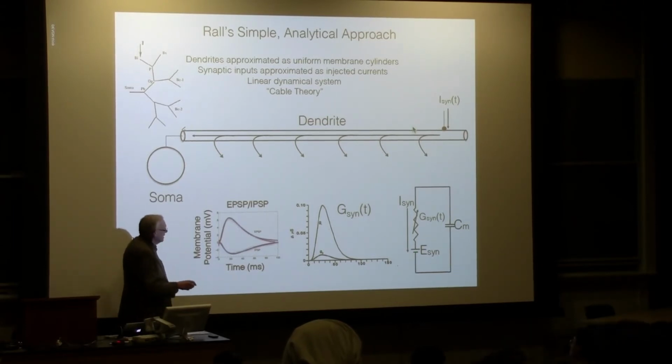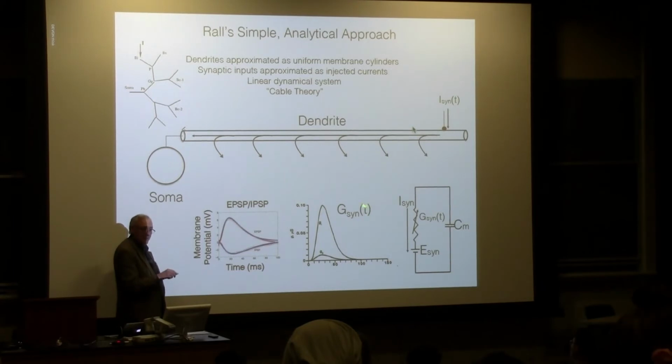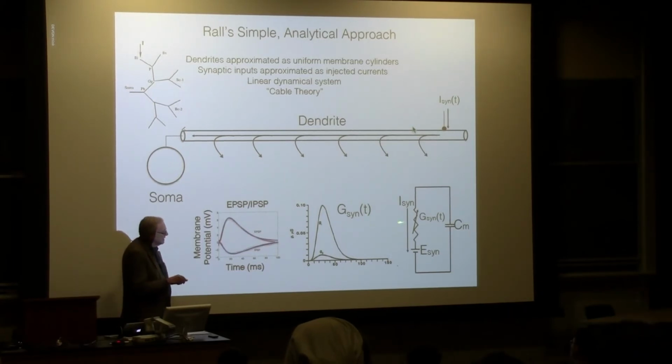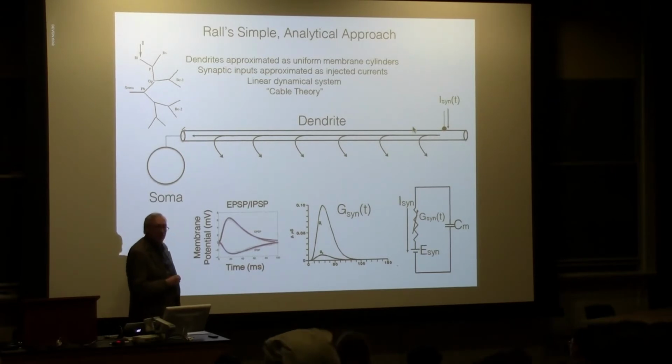The effect of a synaptic input is to increase this conductance. But whether that produces an excitatory or inhibitory postsynaptic potential depends on the reversal potential of the ions that move through that conductance.